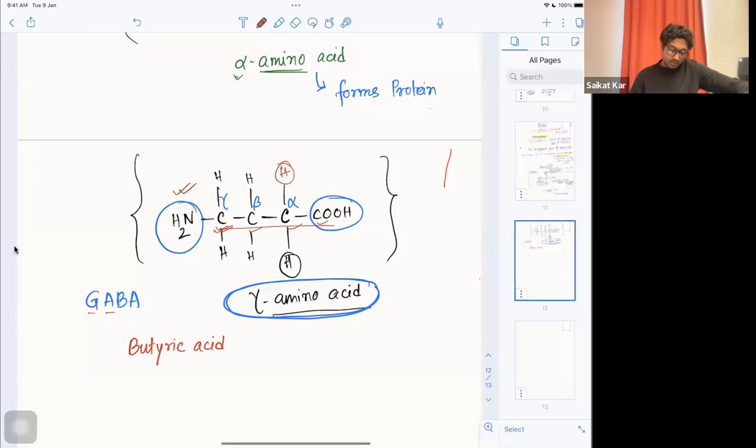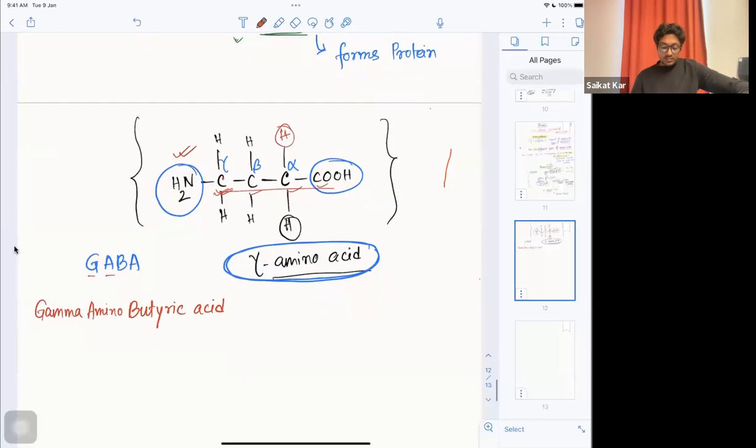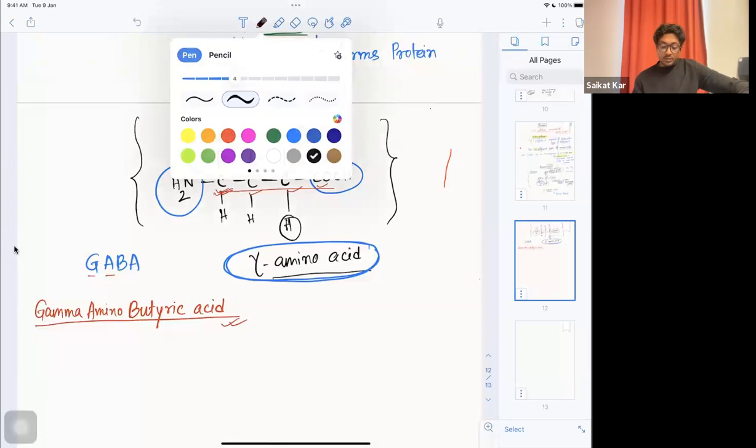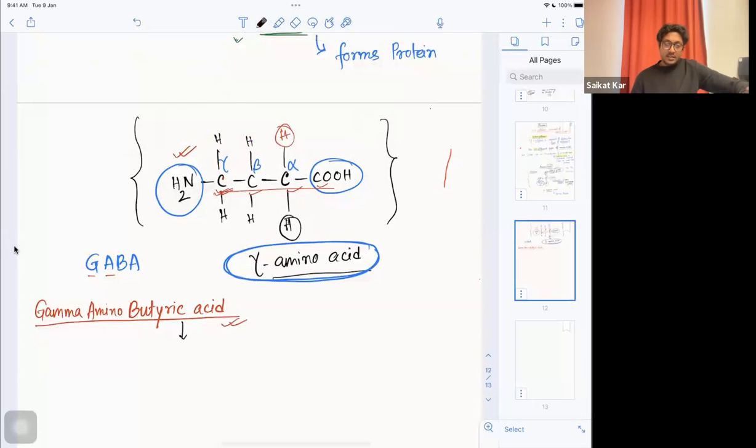Gamma carbon. So you can call it gamma amino butyric acid. So this gamma amino butyric acid is so important that it is also found in our body, and it acts as an inhibitory neurotransmitter.